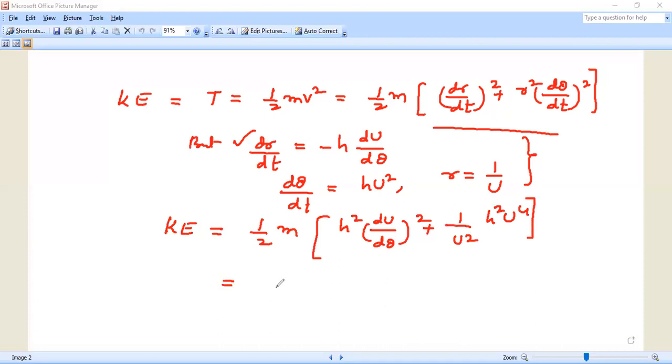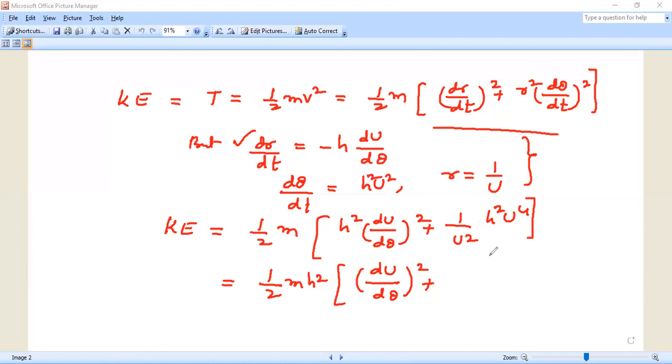That equals half m h square, taking h square common, then (du by d theta) whole square plus u square; the u power 4 cancels with 1 by u square. So what is left is h square u square.